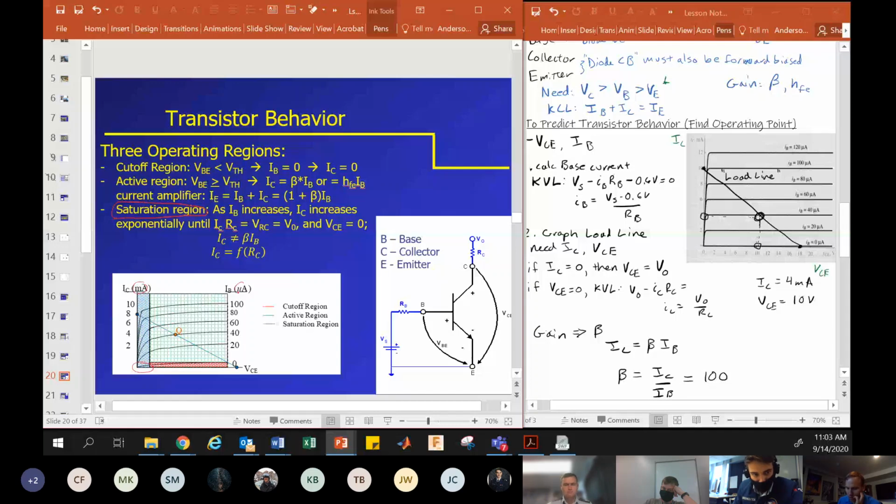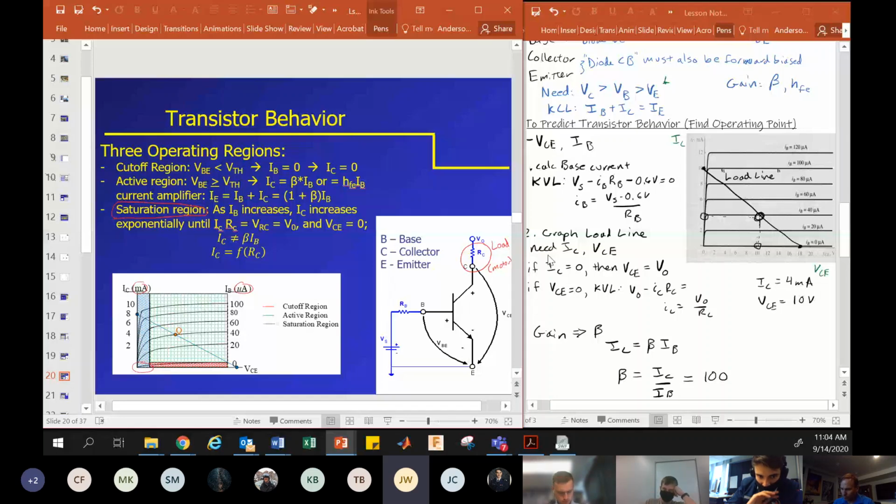Okay. So I'm telling you that in this saturation region, VCE is very low. And that's a good thing. Why is that good? Is that going back to where we said VC needs to be greater than VB, which is greater than VE?